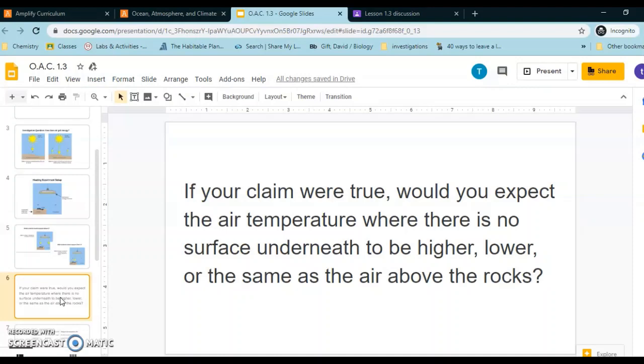And if claim 2 was correct, where there's no surface, would we expect that to be higher, lower, or the same as the air above the rocks? That's right, it would be lower because there's no surface to heat our air.